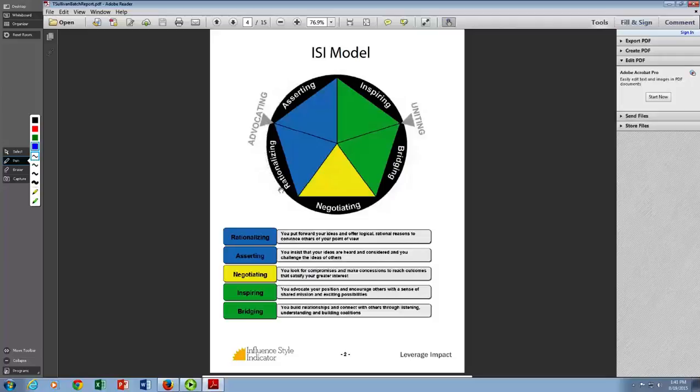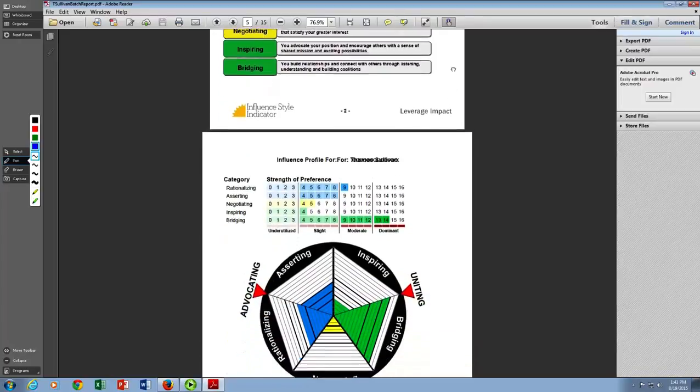Advocating relies on these two styles, rationalizing and asserting, and it's color-coded blue, and the description, of course, is here. The uniting orientation is color-coded green, and it relies on inspiring and bridging. Negotiation spans between the two and has its own color, yellow.